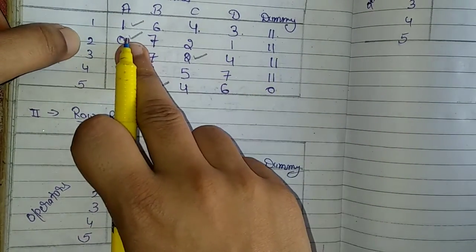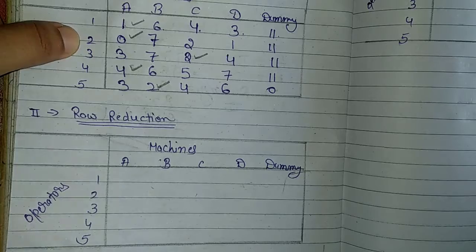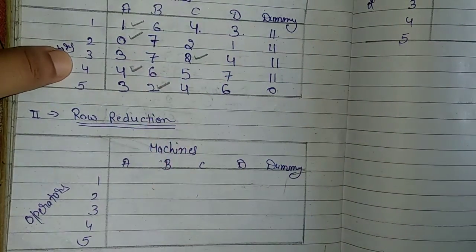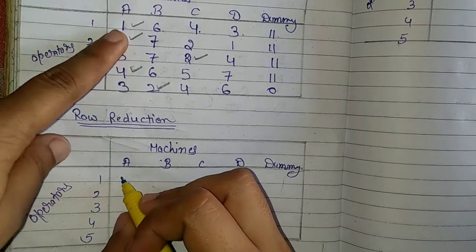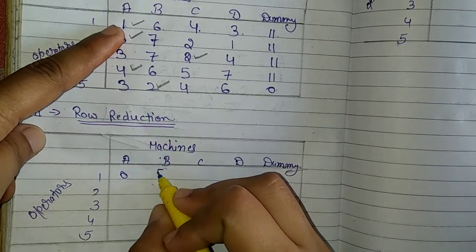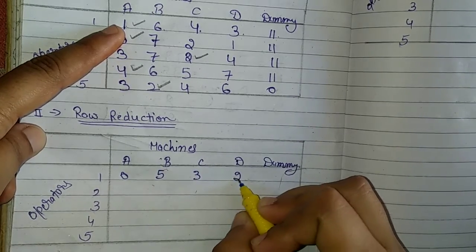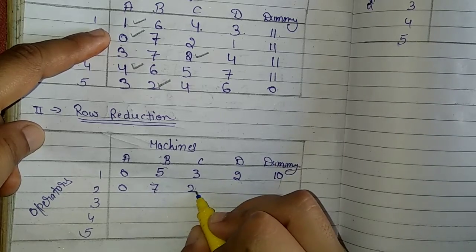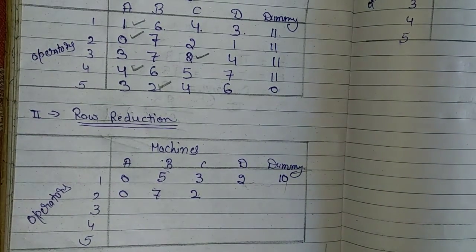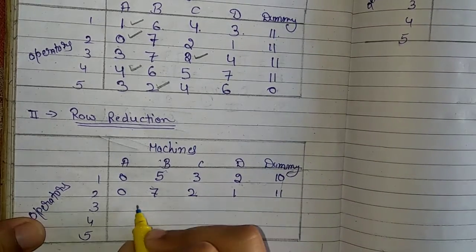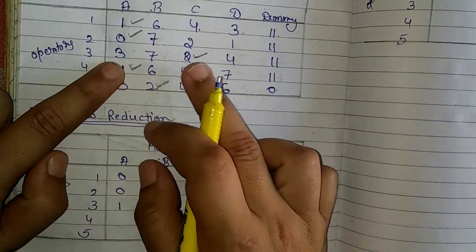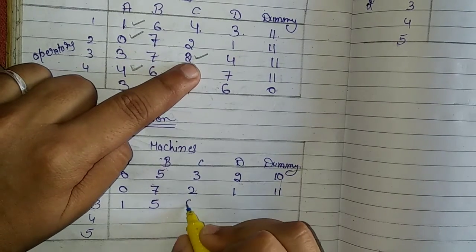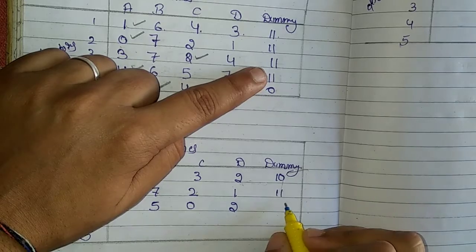Here, in this row, the minimum number is 0, so we subtract 0: 0 minus 0, 7 minus 0, 2 minus 0. Similarly, 1 minus 1, 5, 3, 2, 10. Here we subtract 0 from each number. Now 3 minus 2, because 2 is the minimum number in this row: 3 minus 2, 7 minus 2, 2 minus 2, 4 minus 2, 11 minus 2.